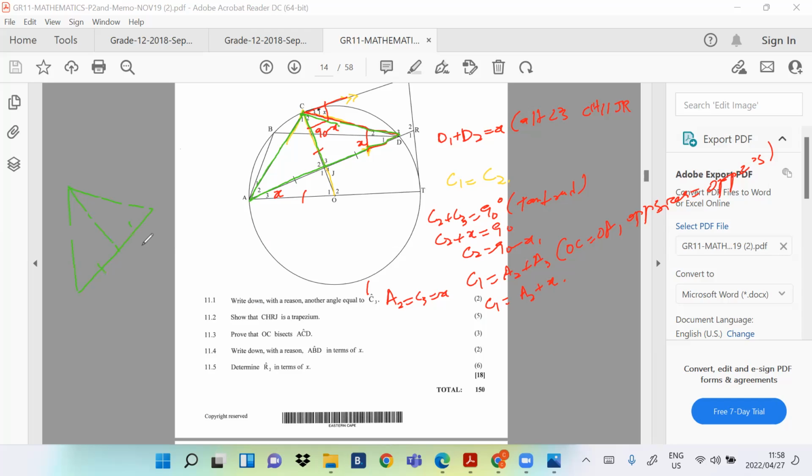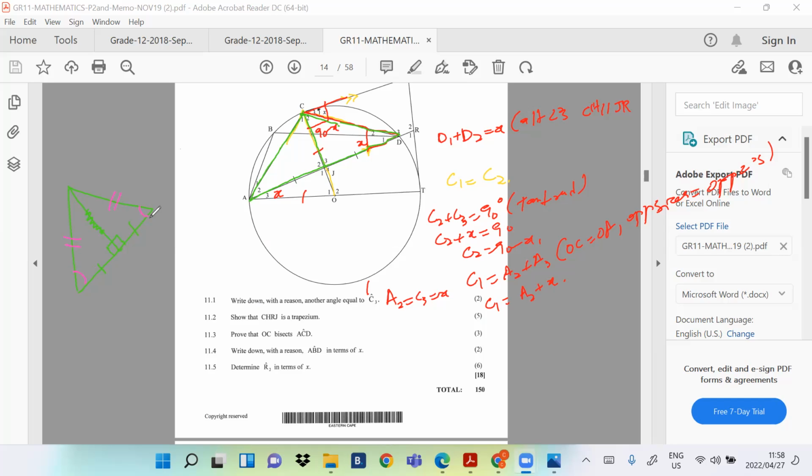We were given these are equal already. This is a common side, and these are 90 degrees. Can you see these triangles are congruent? If they are congruent, this side will be equal to that side, and this angle will be equal to that angle, right?